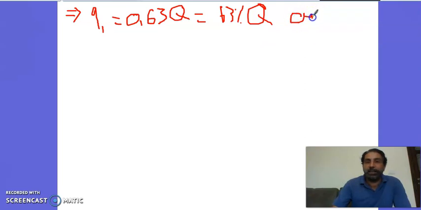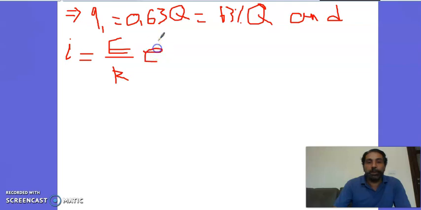And let's calculate the current. I equal E over R e power minus 1. If you do the calculation, you get 0.37 I0.